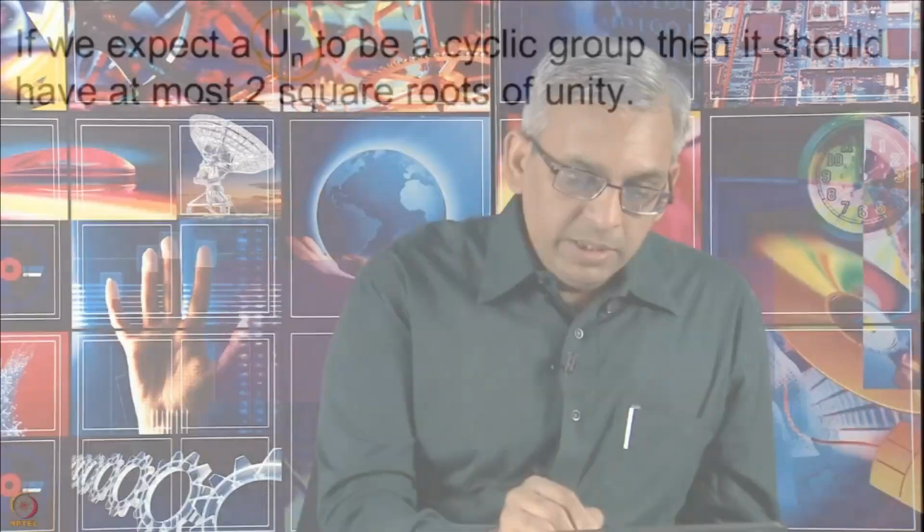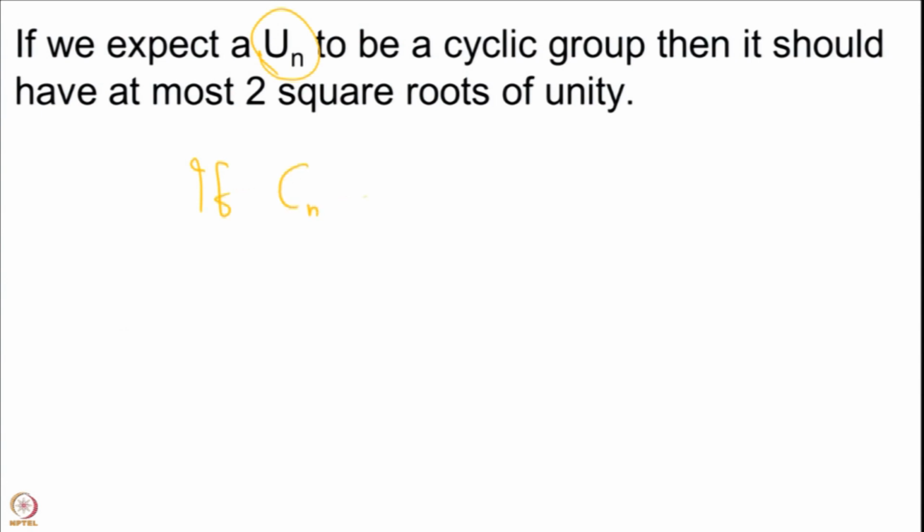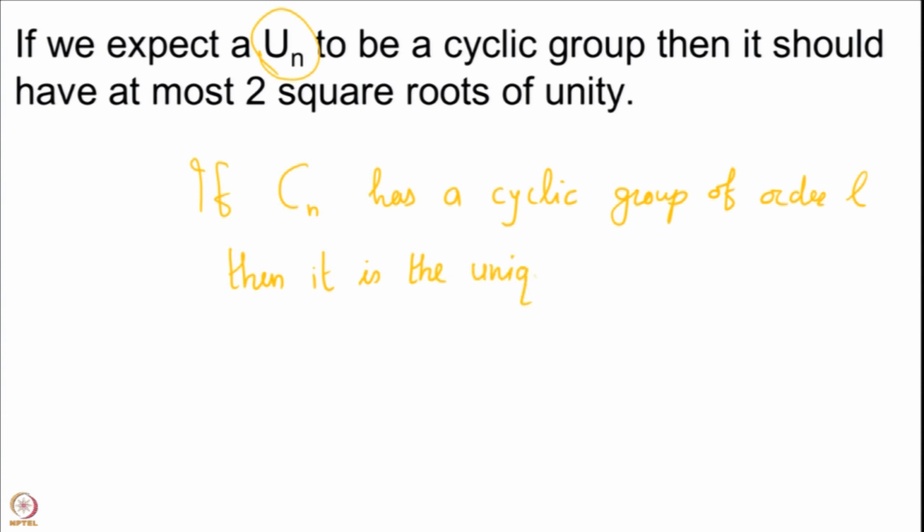So, what I mean is that if Cn is a cyclic group of order n, then first of all for every divisor of n there is a cyclic subgroup of that order.